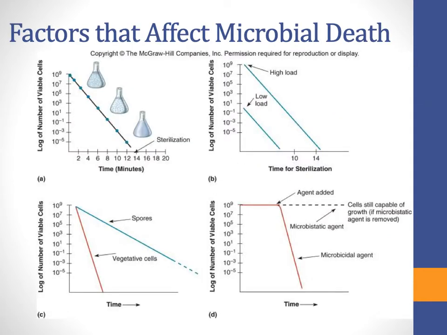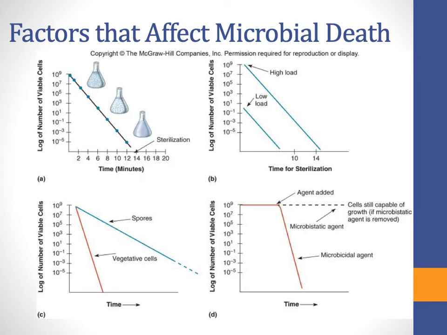There's a number of factors that affect microbial death. So the length of time that something is exposed to that method. So obviously the longer we expose the surface to a specific method, we're going to be more likely to reach sterilization.